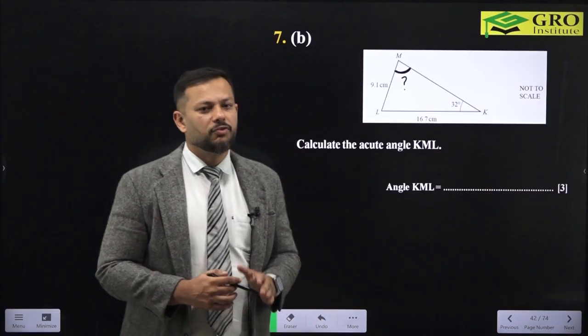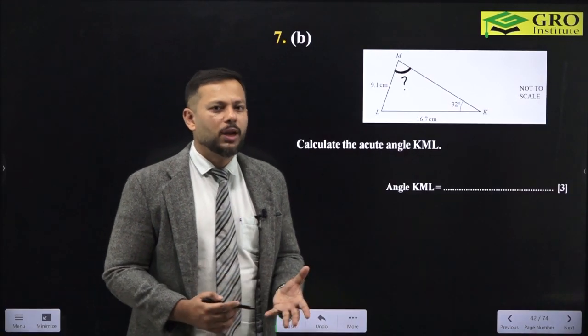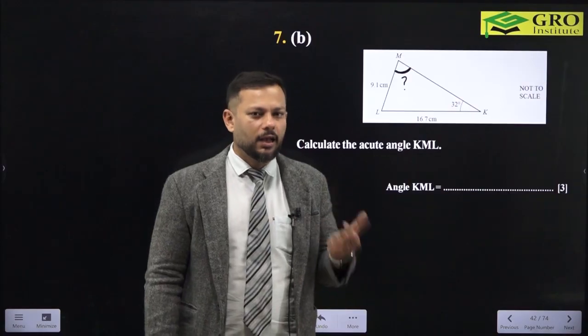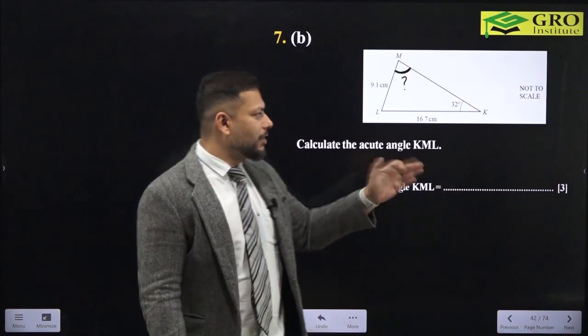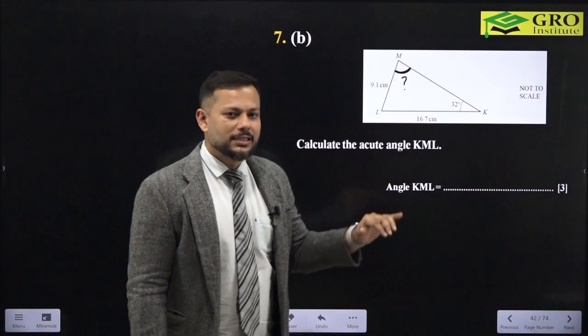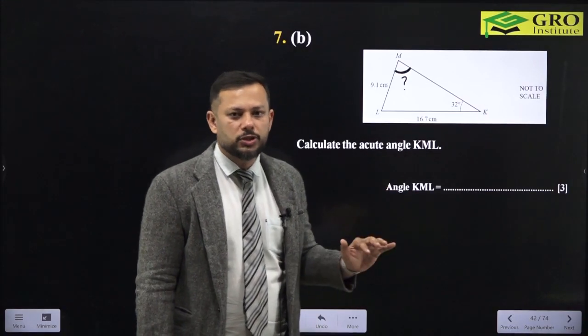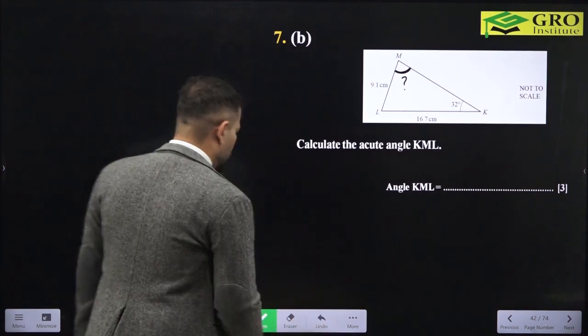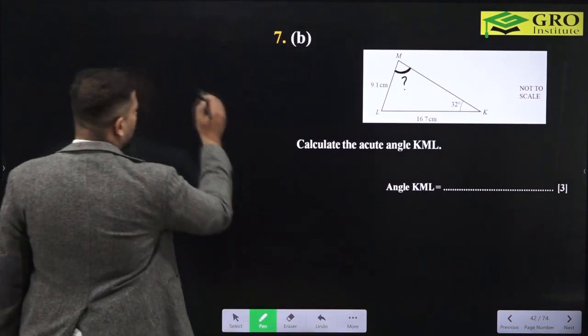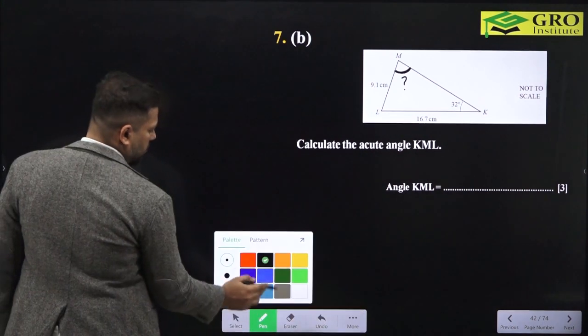We know the sine formula. Sine formula is what? Sine of an angle upon the length of the side opposite to it is equal to the sine of the other angle upon the length of the side opposite to it, and so on.